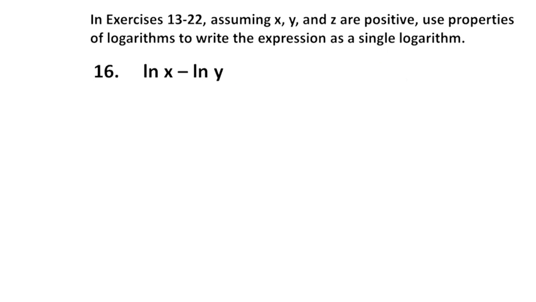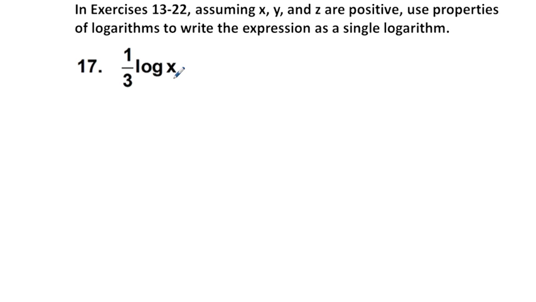Next problem, 17. We have 1/3 of the common logarithm of x. The thing we need to know for this one is that if we have a variable or a number to the power of a fraction, like say 1/4, that's the same as writing it in radical form as the 4th root of x.